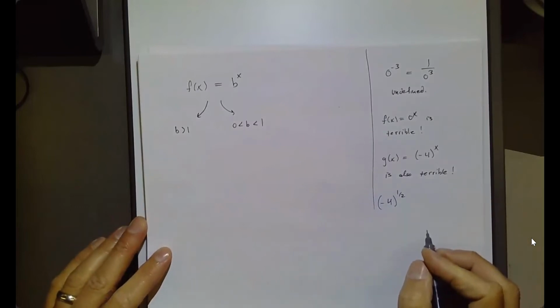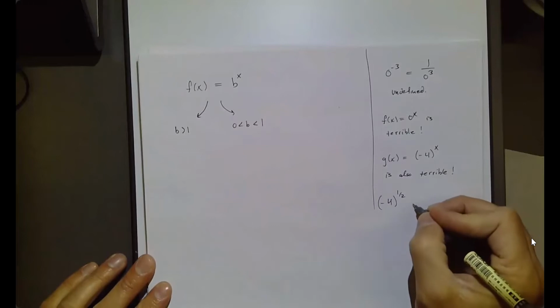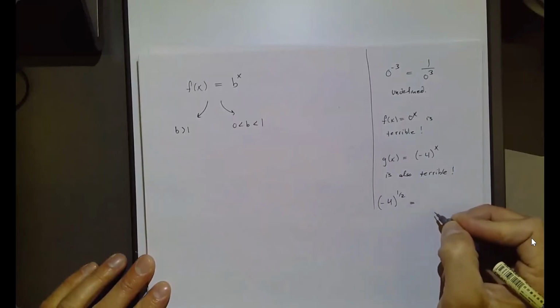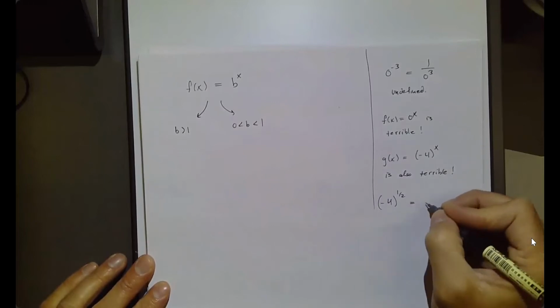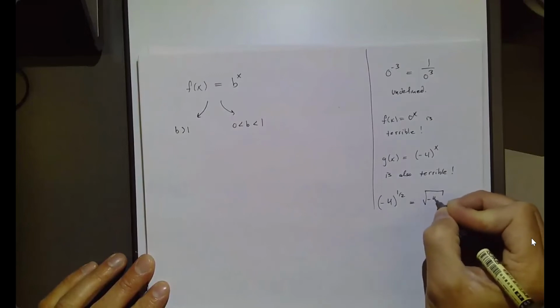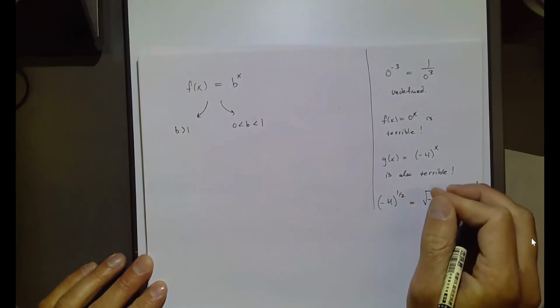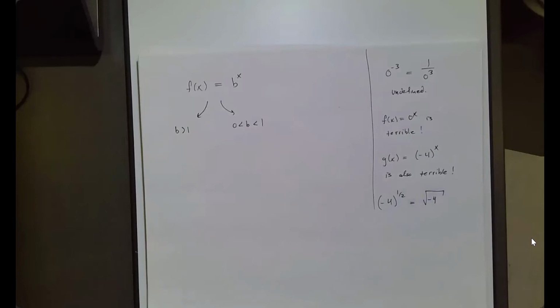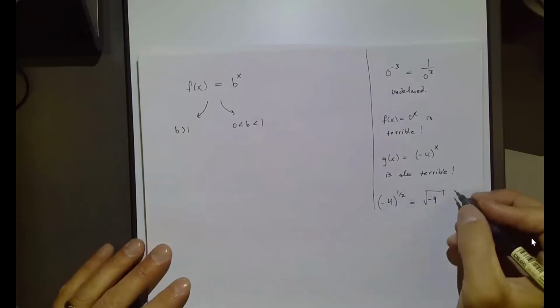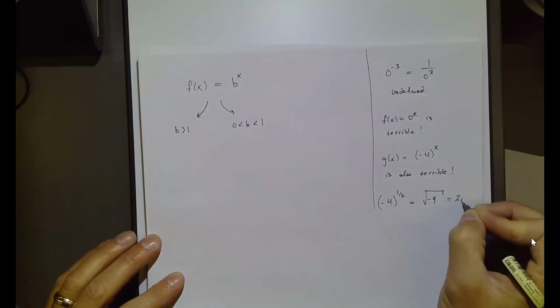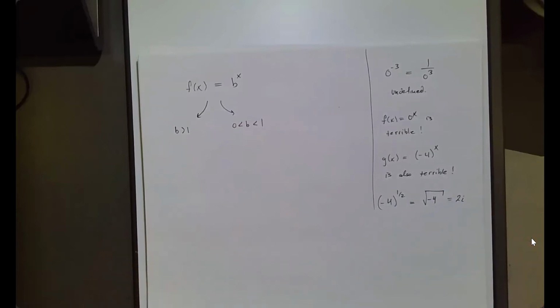Well, what's another name for the 1/2 power? And what's the square root of -4? It's not real, right? It's an imaginary number. We take the square root of -1, and we could definitely say it's 2i. But when we're graphing, we don't deal with imaginary numbers.